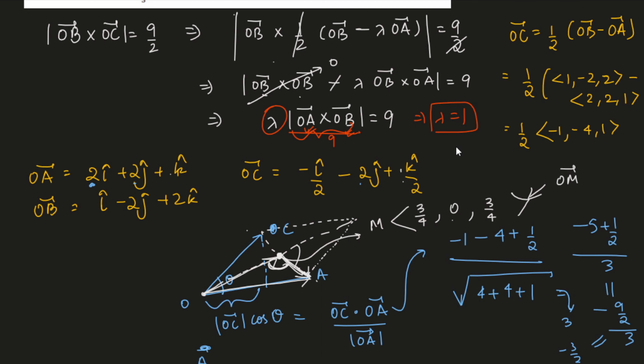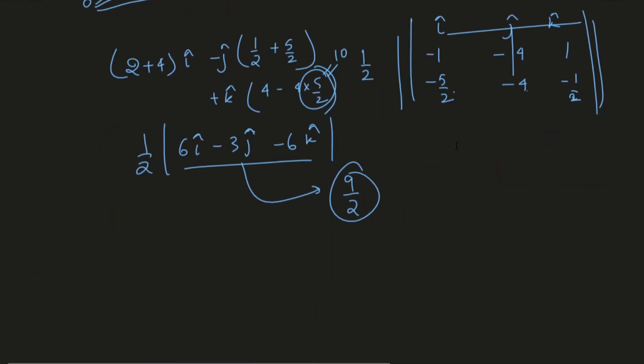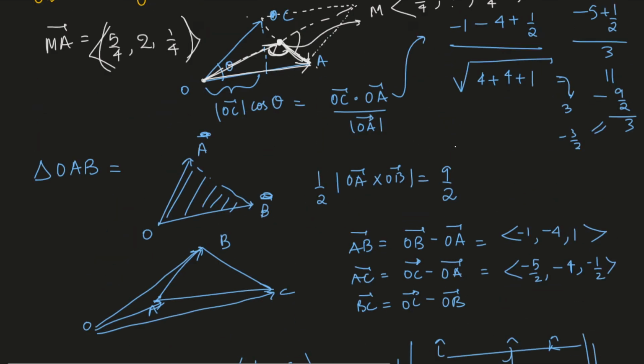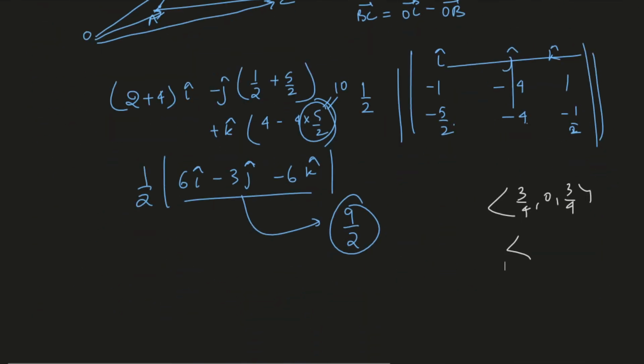Vector MA, on the other hand, will be equal to 5/4, 2, and then 1/4. So the angle between these two vectors, now this is a bit messy problem. The two vectors that we had are 3/4, 0, 3/4, and the other one is 5/4, 2, 1/4.